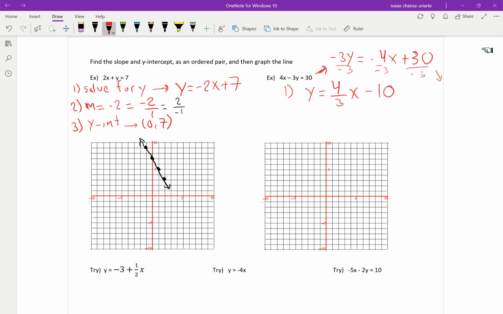So hopefully you agree on what we did here. We just solved for y. That's the first step. Now I know that my slope is 4/3, and I also know that the y-intercept is the point 0, negative 10.